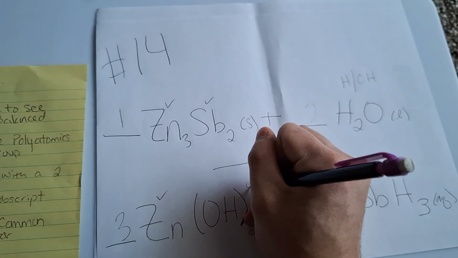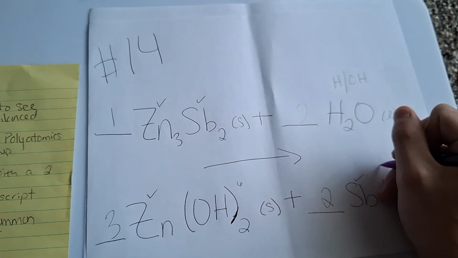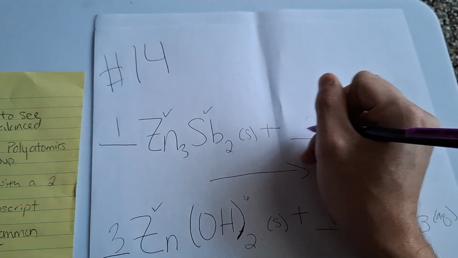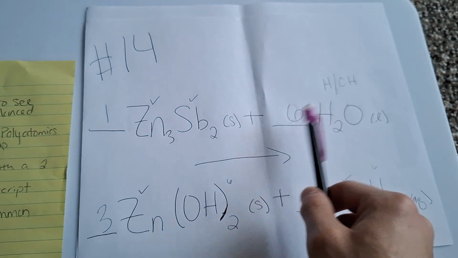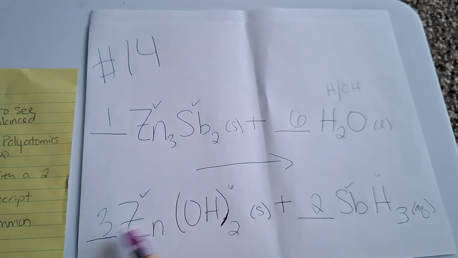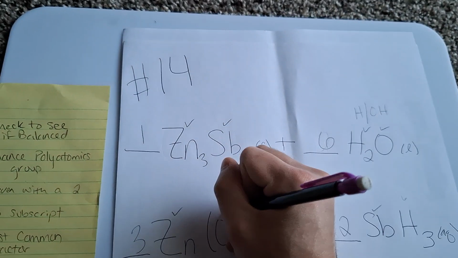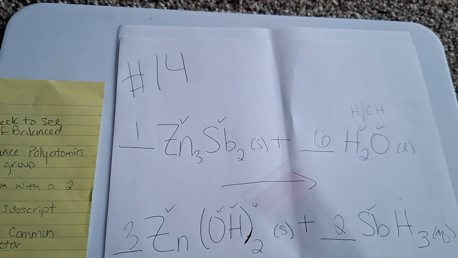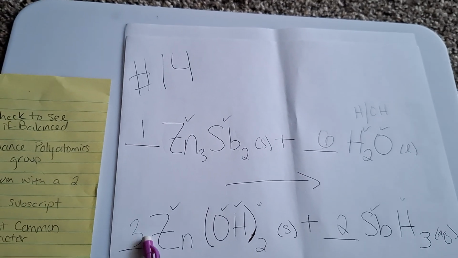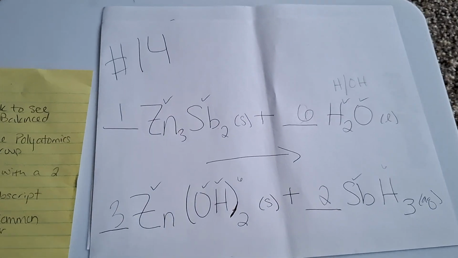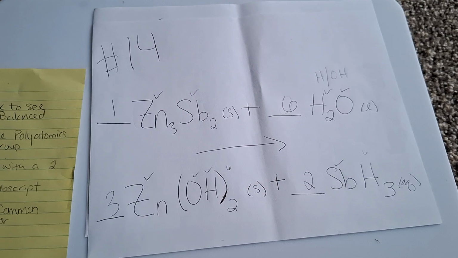So 6 hydrogen over here, plus another 6, that's 12. So 6 times 2, 12, and then we have the 2 oxygen times the 3, 6. So all of this balances out now. And we cannot simplify it because we have a 3 and a 1. So that is our finish.